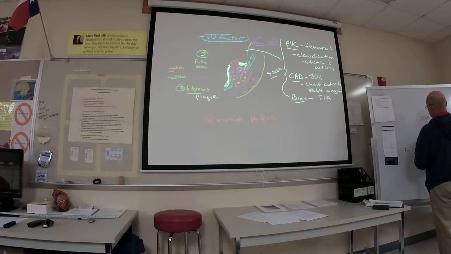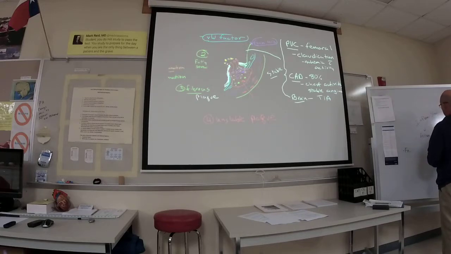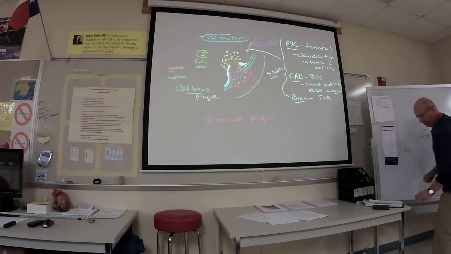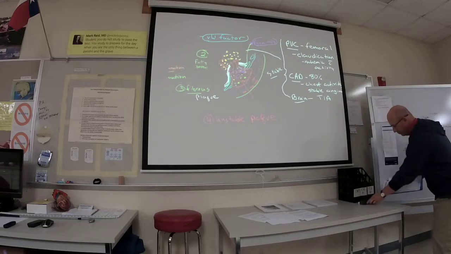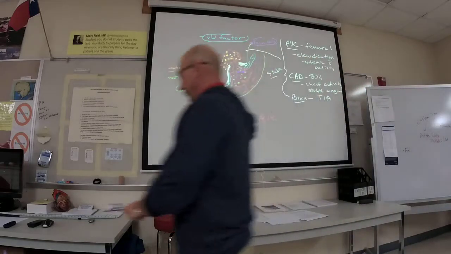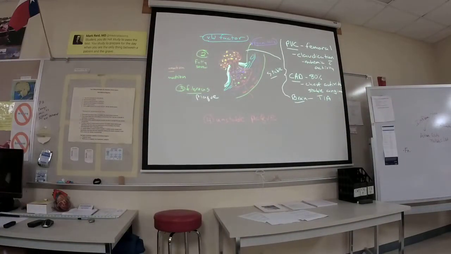We activate coagulation factors, we activate platelets, and we end up with this big clot starting to form. And the problem is, this big nasty clot that's forming can easily break off and float down into a smaller vessel.